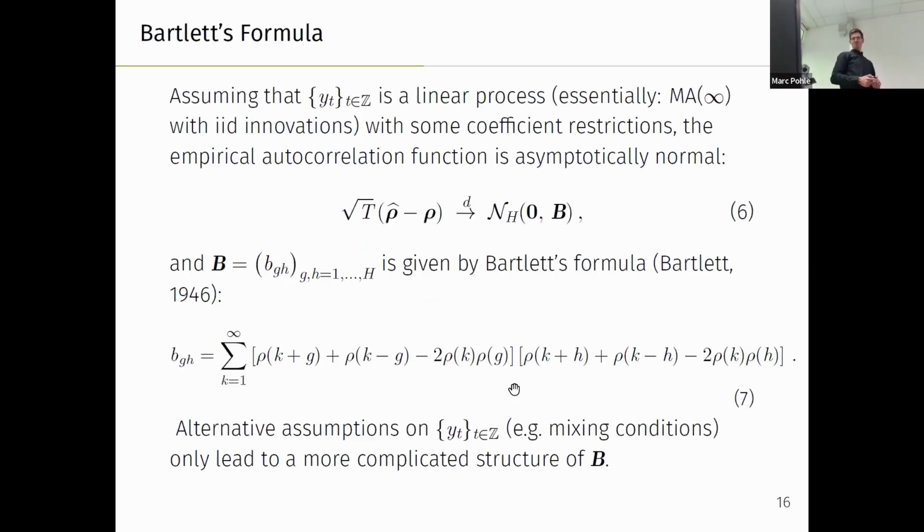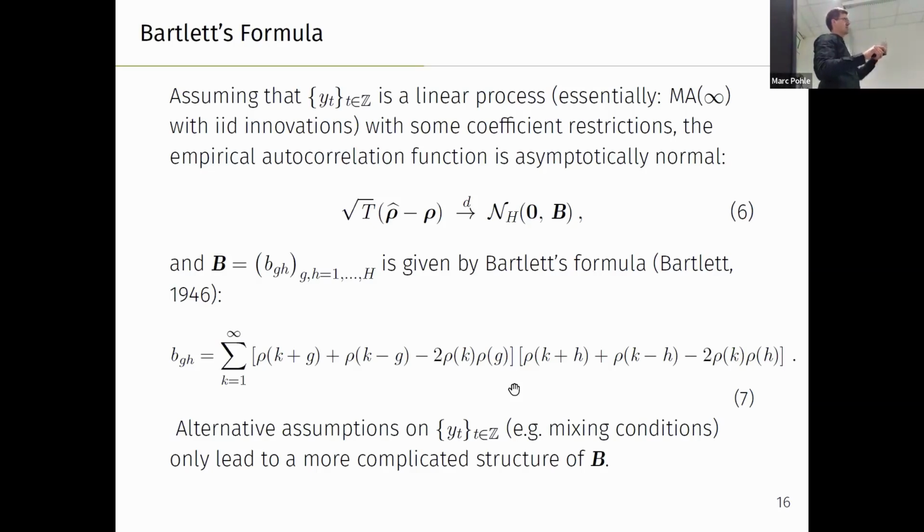Okay, so essentially we work under very classical assumptions here. We assume that Y_t is a linear process for the confidence bands, so essentially an MA infinity process with IID innovations with some coefficient restrictions. Then you have the result that the empirical autocorrelation function is asymptotically normal.